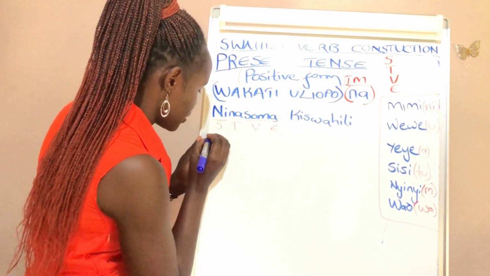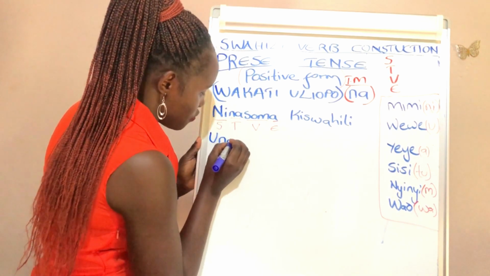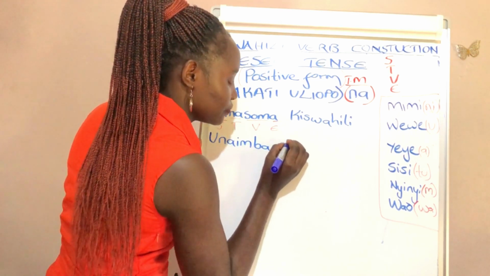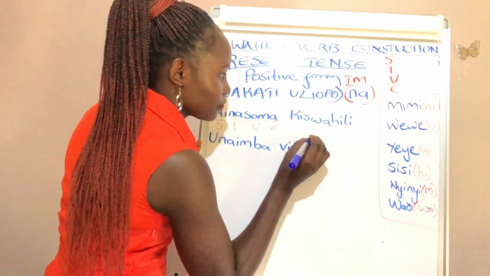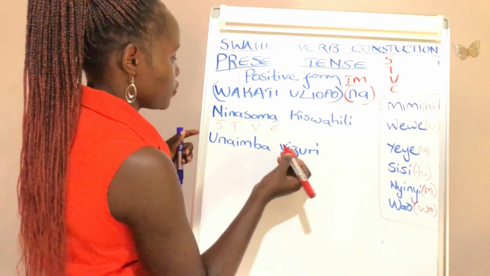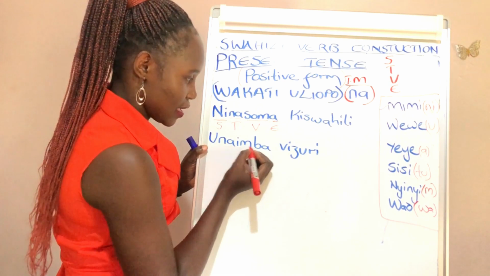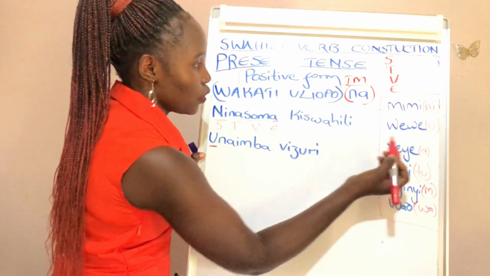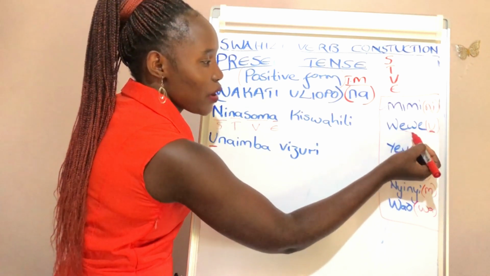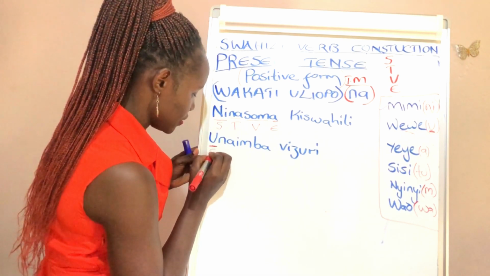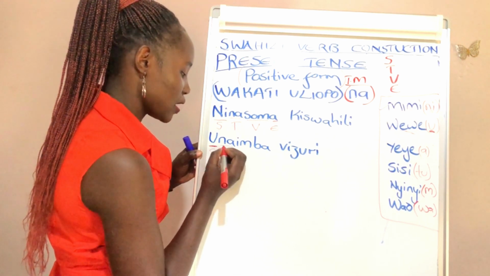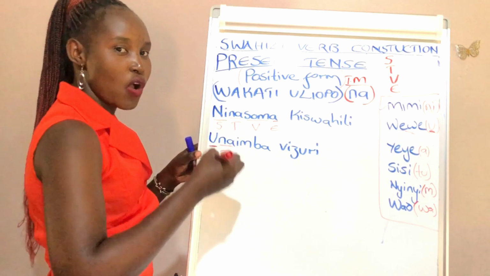Let's write down unaimba vizuri. As you can see, we have already used ni in our first one. So unaimba vizuri. You are singing nicely. Our u is here, subject prefix, which represents the personal pronoun wewe. Na is the tense marker for present tense wakati uliopo.